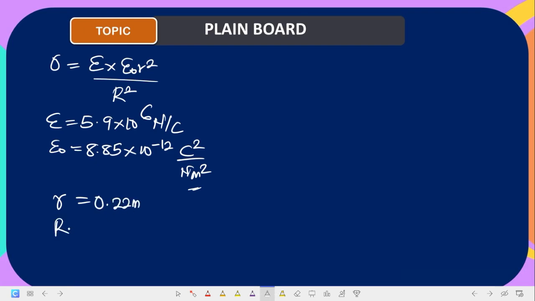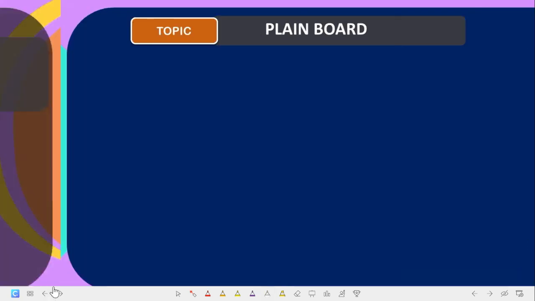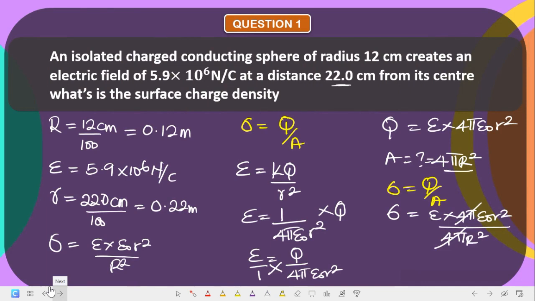And our big R has a value of 0.12 meter. Look at the questions very well. Why did I use 0.12 for big R? Because big R is what talks about the area of the sphere, and the radius of the sphere is what is given as 12 centimeter. You should be able to distinguish between these two so that you will not make mistakes while solving this particular question.